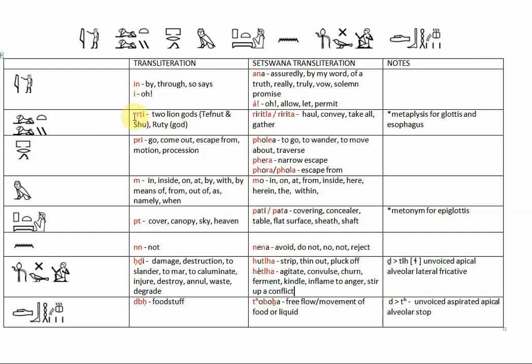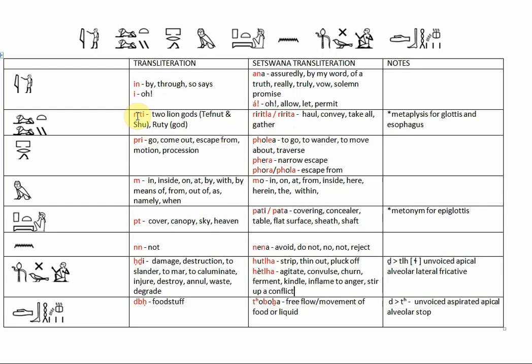It's transliterated as Rerti, which means two lion gods, Tefnut and Shu. Also Ruti, God. And in Setswana, we have an exact equivalent, which is Ririta, which means haul, convey, take all, gather. Why?